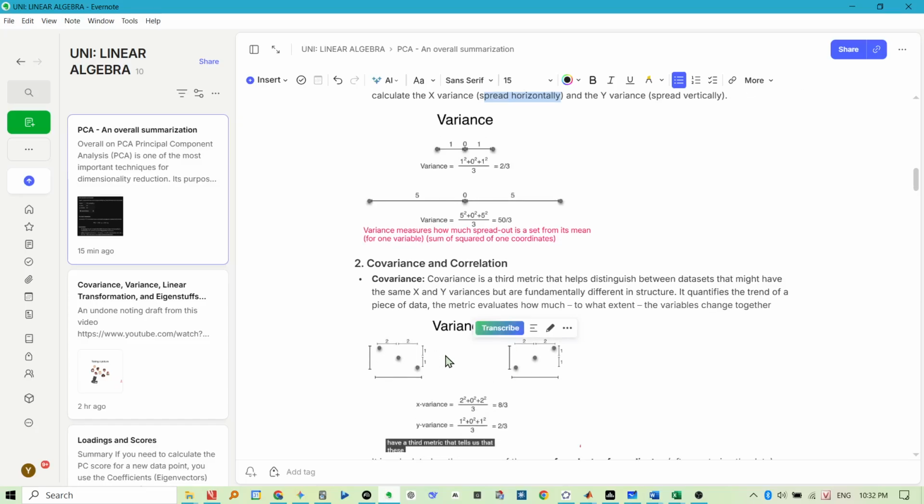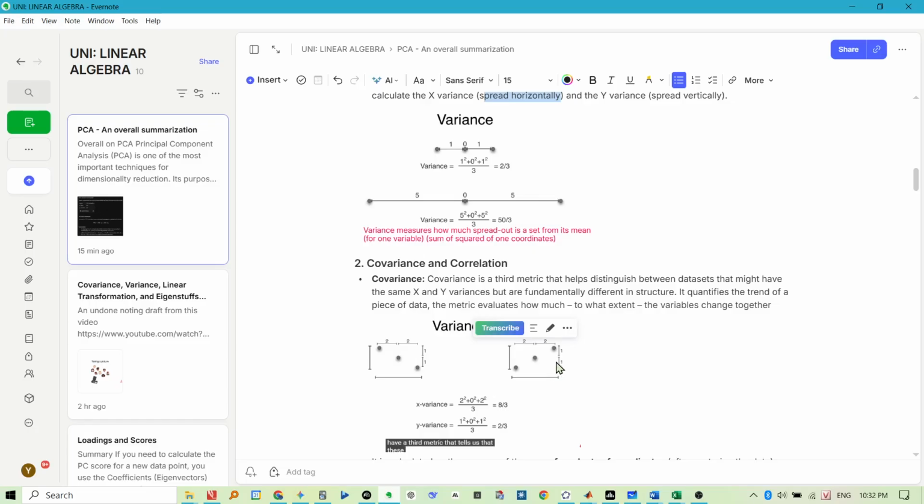So how can we tell the difference between these two plots right here? You can see that the variance on whichever axis, the x-axis or the y-axis, is equal. 2 plus 2 divided by 3, 2 plus 2 divided by 3; on the y-axis, 1 plus 1 divided by 3 and 1 plus 1 divided by 3.